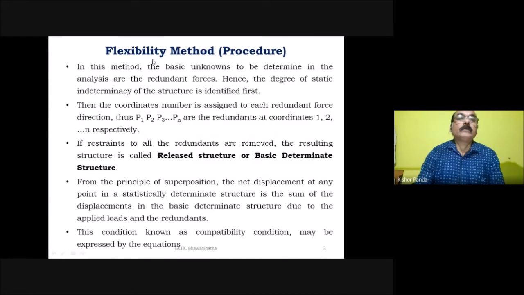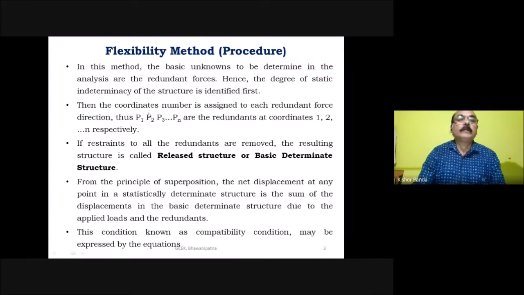What is the procedure to solve using the flexibility method? In this method, the basic unknowns to be determined in the analysis are the redundant forces. Hence, the degree of static indeterminacy of the structure is identified first. Then you have to identify the redundant forces, deciding which force to take as a redundant.